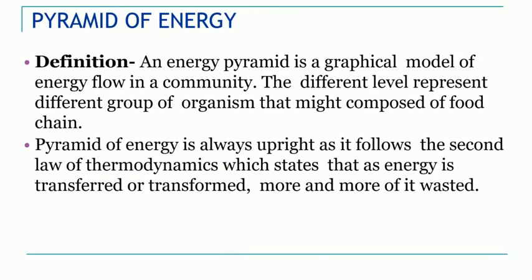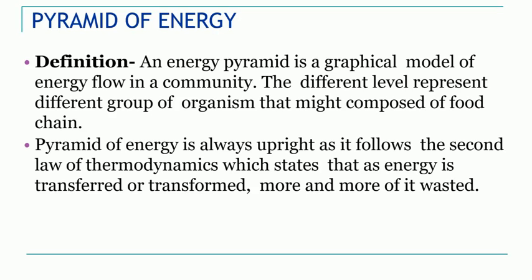Now we come to the last type, the pyramid of energy. We can define it as the graphical representation or model of energy flow in a community. The different levels represent different groups of organisms in the food chain, which are nothing but the trophic levels of the food chain.